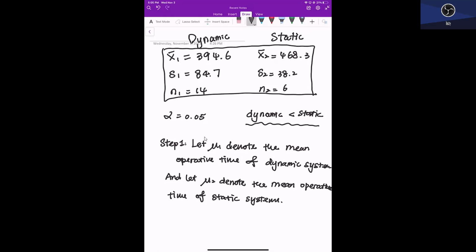So these would be the definitions that you have to give if the problem didn't say what mu1 and mu2 are, because unless you say it, you never know what they should be, right? And then the hypothesis.